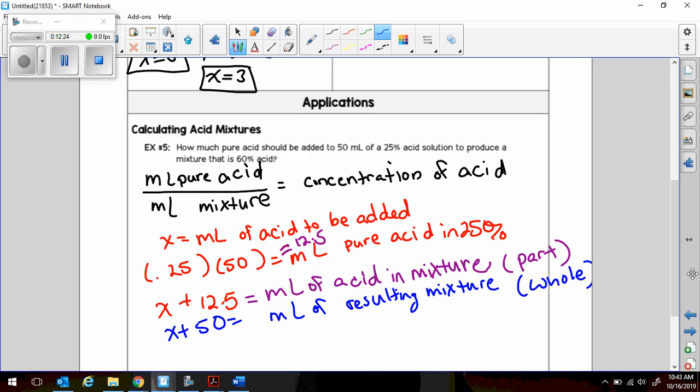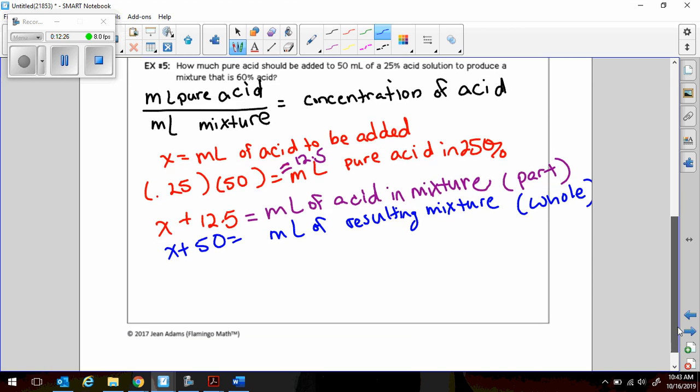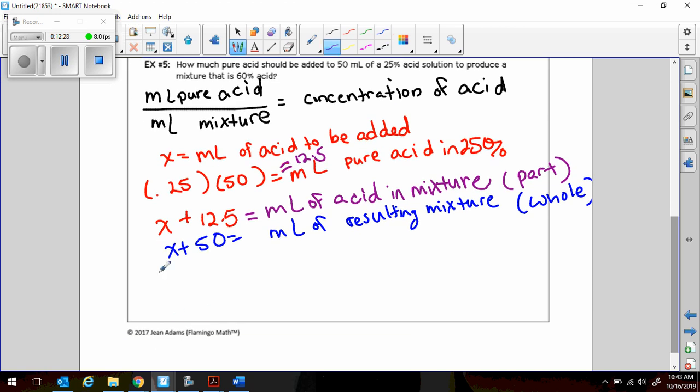So this equation is going to be part over a whole: x plus 12.5 over x plus 50 equals, they want it to equal 60%, so we make that a decimal. When does it equal 0.6?